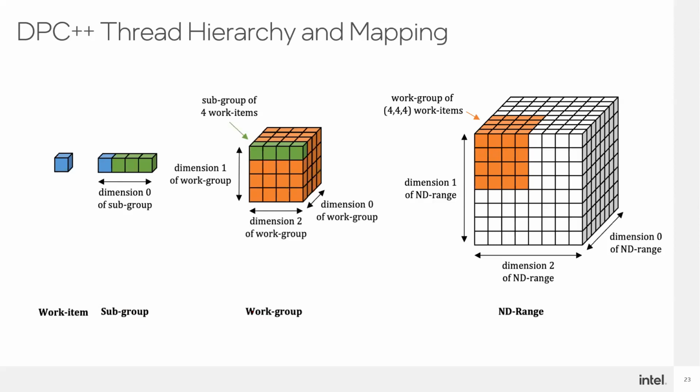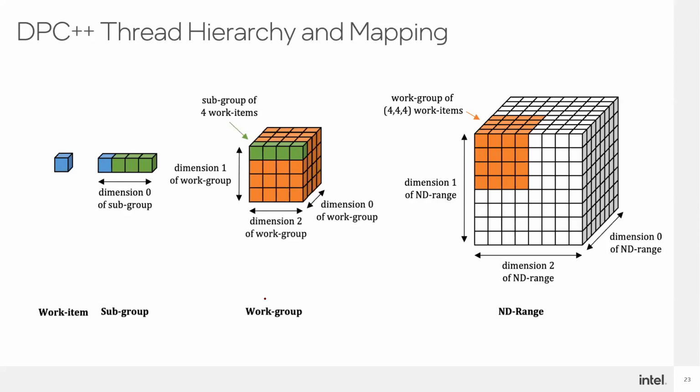A workgroup is a 1, 2, or 3-dimensional set of threads, and note that synchronization across the work items inside the workgroup is only possible with barriers. You cannot synchronize work items from one work group with work items from other work groups.